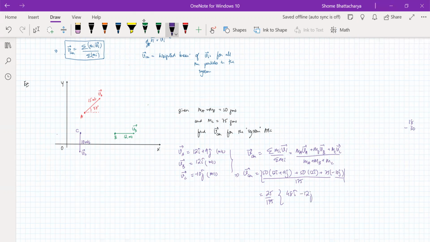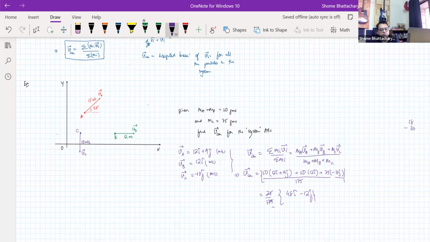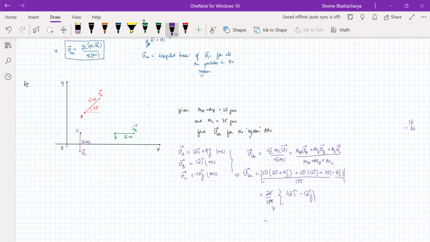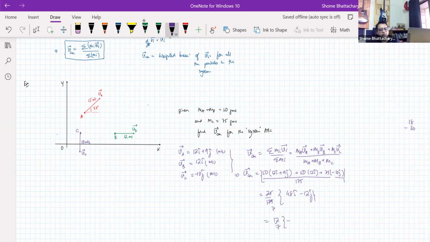Yes, minus 12. Okay, so further we simplify 25 and 175: 25 goes into 175 seven times. So further we can take 12 by 7 common. We have 4 i cap minus j cap. I think this is sufficient simplification for the velocity of the center of mass.